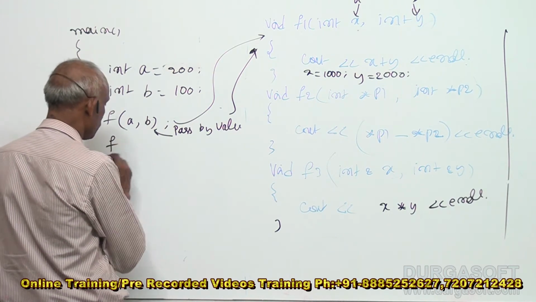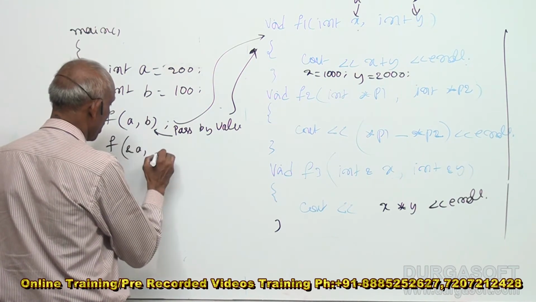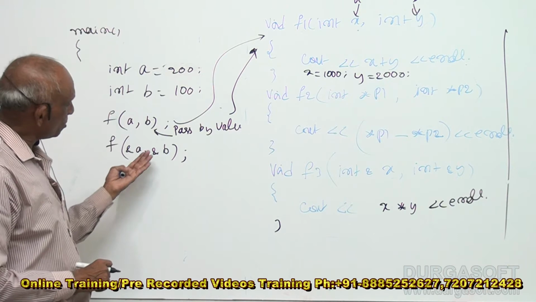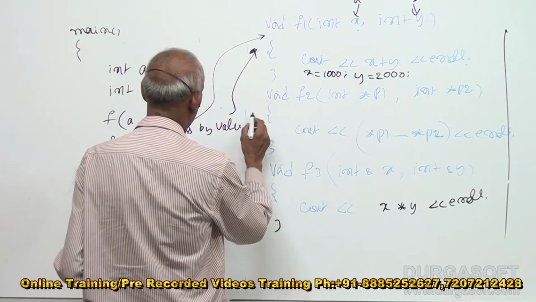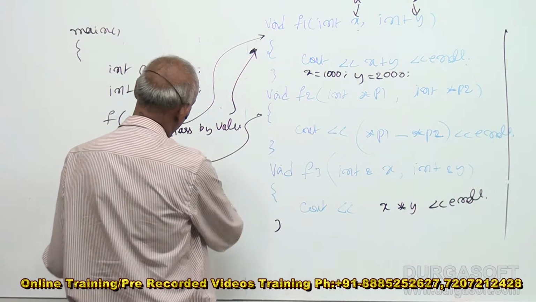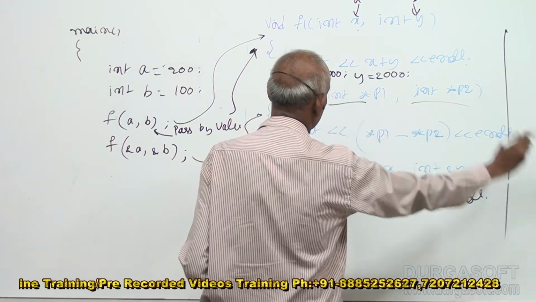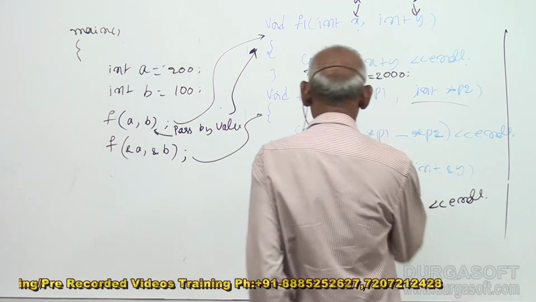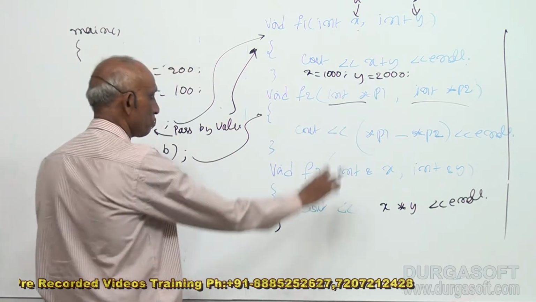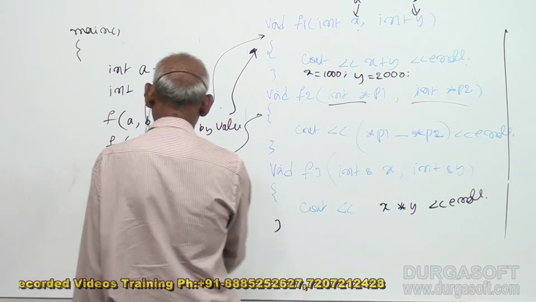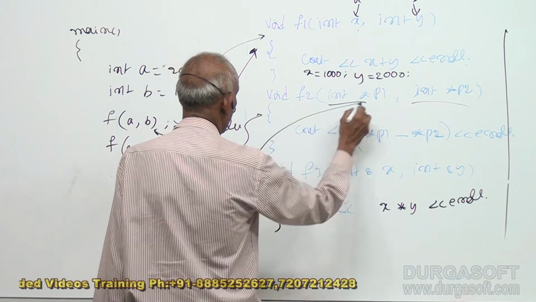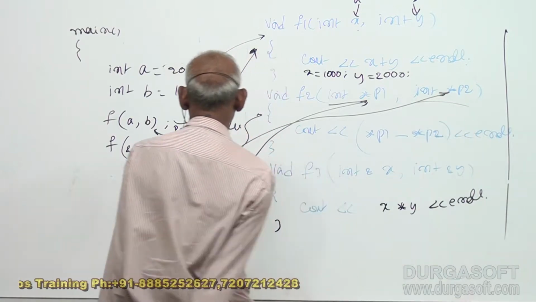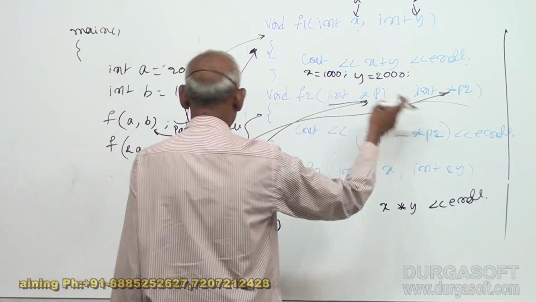Now the second one, I am passing the address of a and the address of b here, ampersand a, ampersand b. To receive these addresses, the parameters have to be pointers. So int star p1, int star p2 will receive the addresses. p1 contains the address of a, p2 contains the address of b.